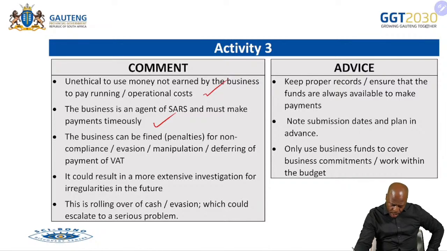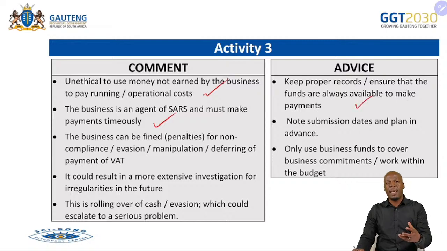There is need to keep proper records and ensure that funds are always available to make payments. Because the problem here is we are taking the money that is due to be paid over to SARS to pay our business expenses. So we need to keep proper records so that whenever we collect our monies, we are able now to pay for business expenses without having to take the money that is due to SARS.